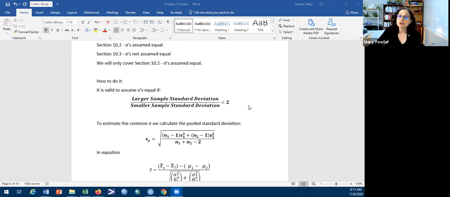Then it's reasonable to assume that the underlying standard deviations are equal, and we move forward with the procedure that I'm about to lay out.